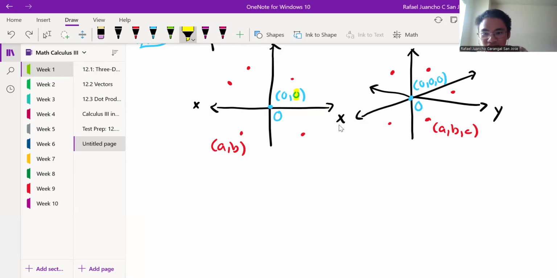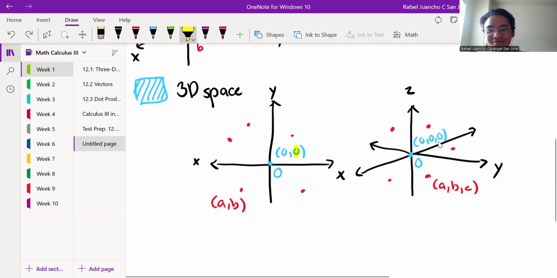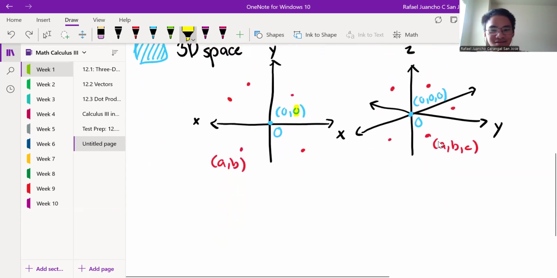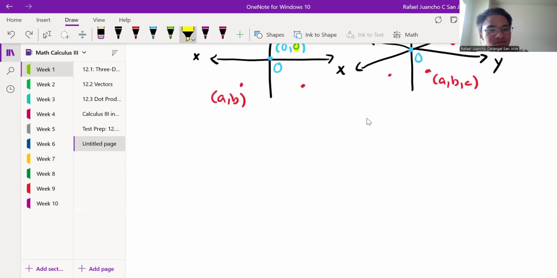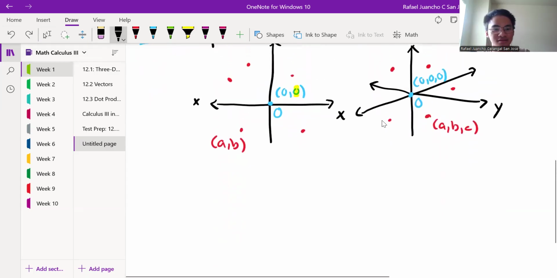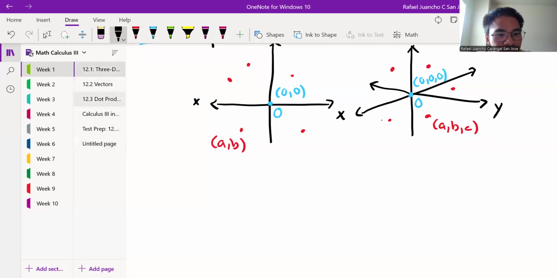In this case, this is 0 in terms of the horizontal axis, which we denote as x, then the vertical axis, and then this thing that makes it 3D, which we'll name z by convention, because x, y, and then the last letter is z. But you can literally call it anything. Letters are just letters, right?